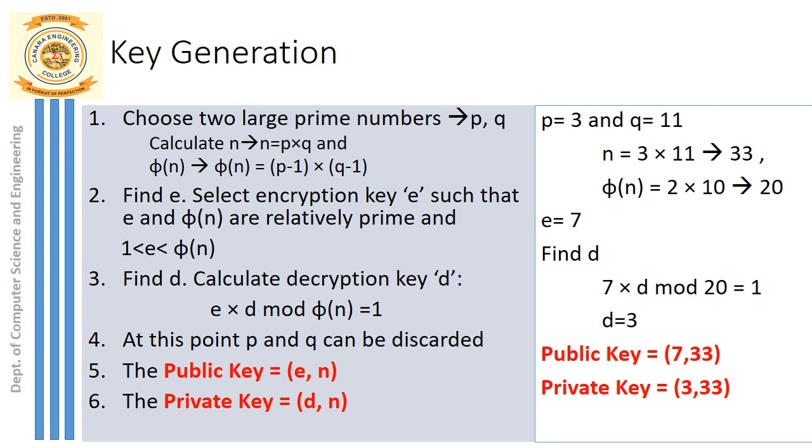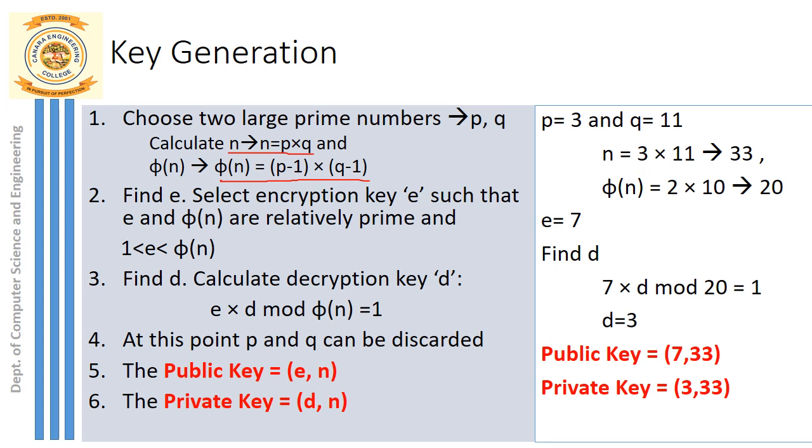How do we generate public keys and private keys? In order to find these two keys, we have some simple steps. First, we have to choose two large prime numbers, say P and Q. Next, we need to find the n value, where n is equal to P into Q, and phi of n, which is equal to (P minus 1) into (Q minus 1).